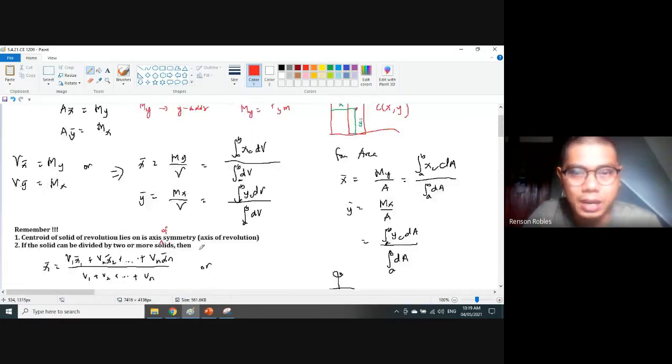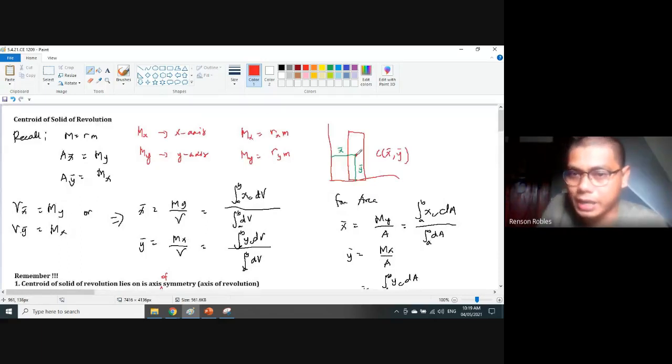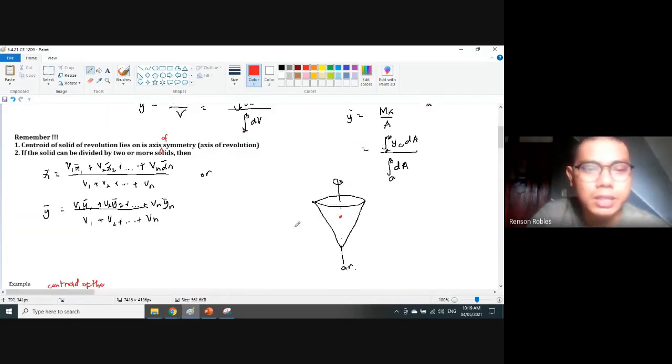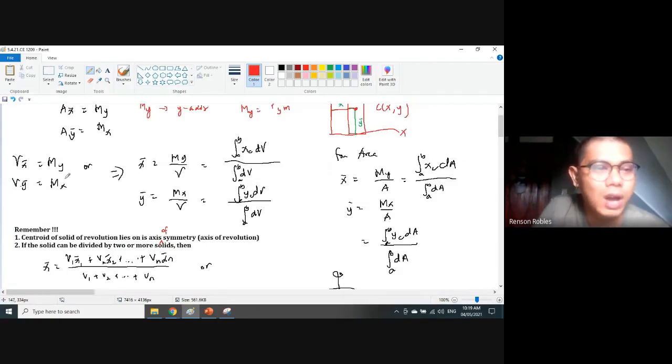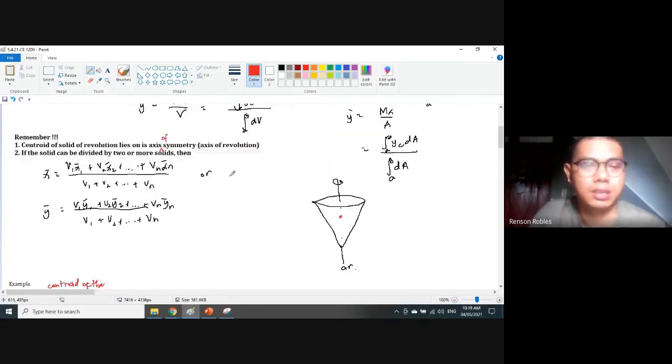We go back here. That's moment in y. This is the y-axis, and this is the x-axis, and this is bar x, the distance of the centroid to the y-axis. So that's moment in y, which means when we're looking for moment in y, we need to have xc.